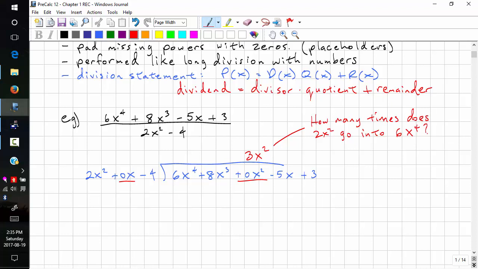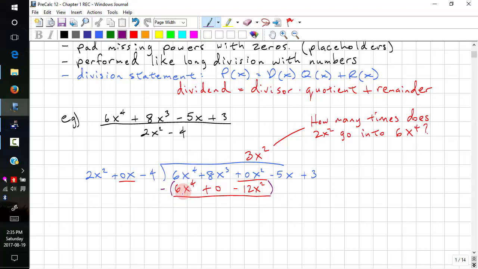Okay, so we take our partial quotient multiplied by divisor and we get a partial product. 6x to the fourth, 3x squared times 2x squared. 3x squared times 0x is 0. We can just put 0. 3x squared times negative 4 is negative 12x squared. And then we subtract.